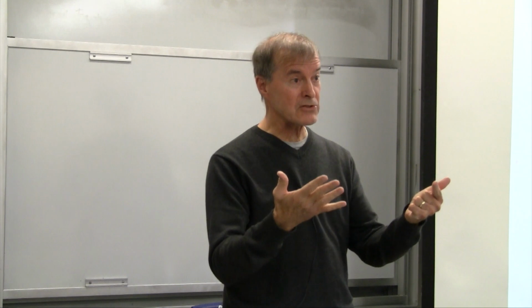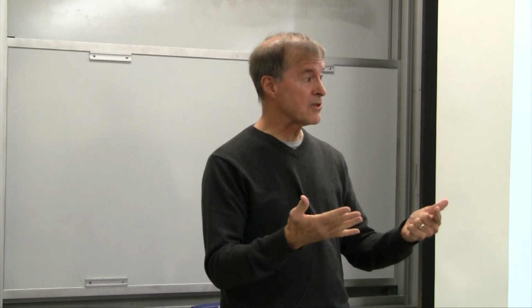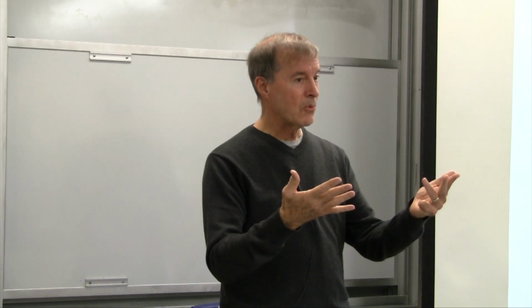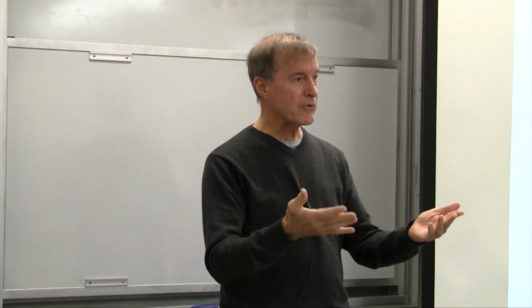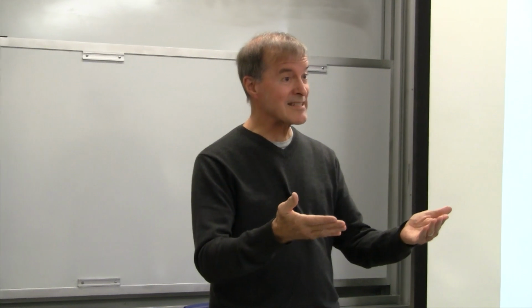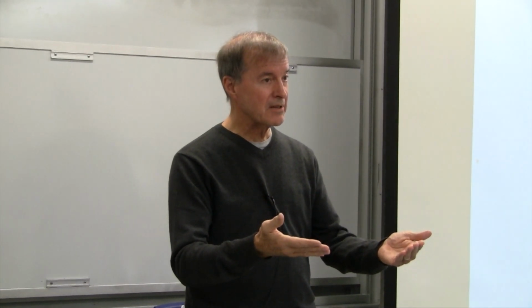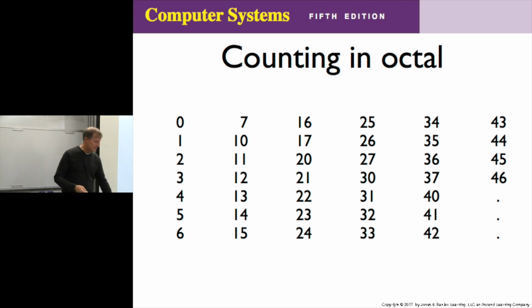Because you ran out of fingers, so what would it be? 10. So this would be 10. What was the next one? 11, 12, 13, 14, 15, 16, 17. Now what would the next one be? 20. Good. So does everybody see how that's counting in octal?